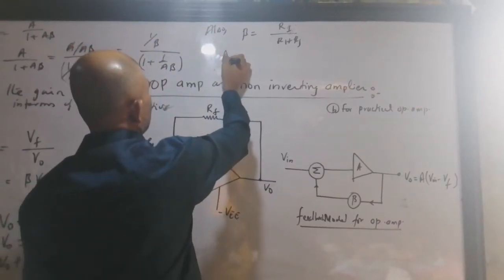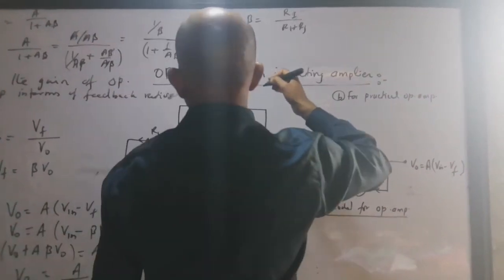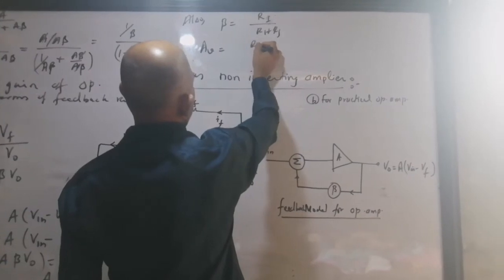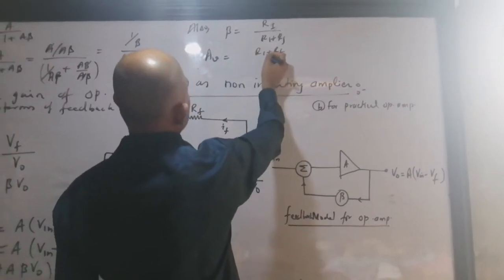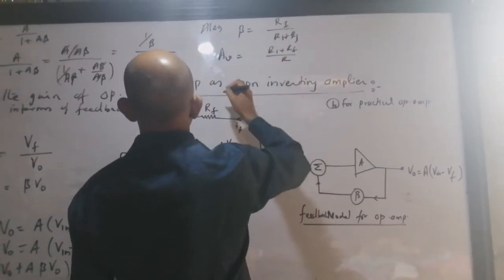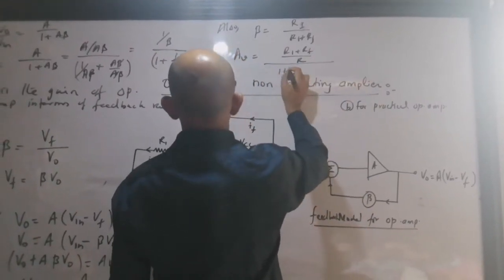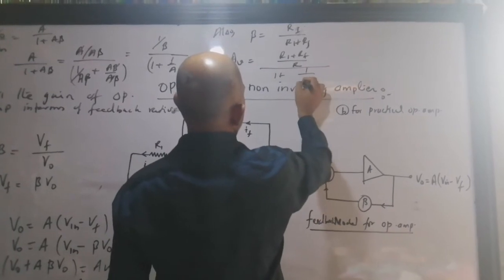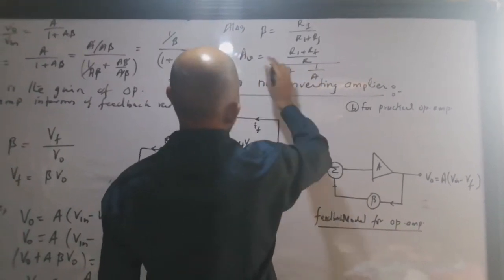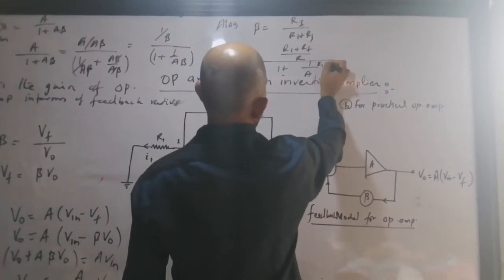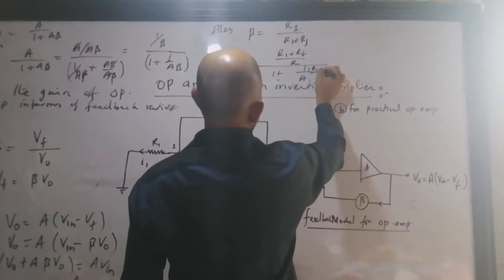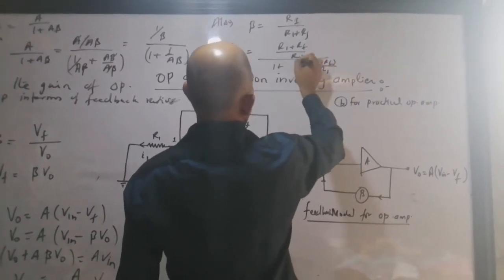If I substitute this value in the closed loop gain formula, then I get R1 plus RF by R1, upon 1 plus 1 by A beta, where 1 by beta is R1 plus RF divided by R1.